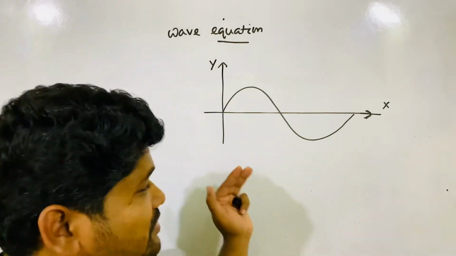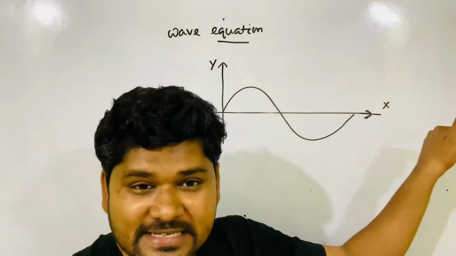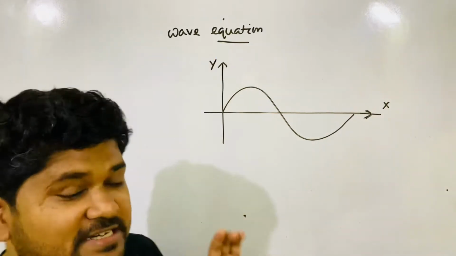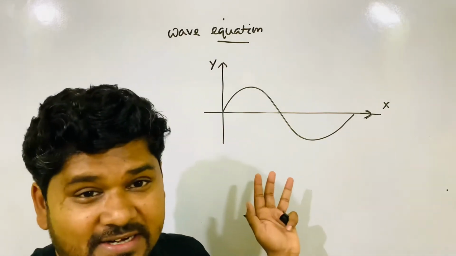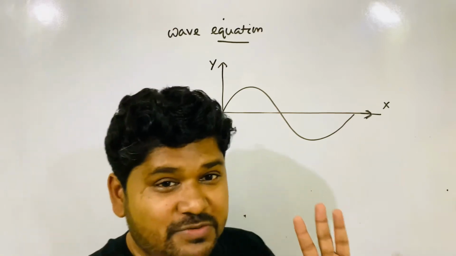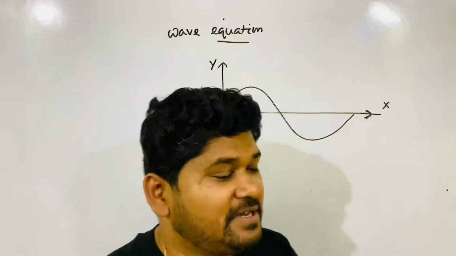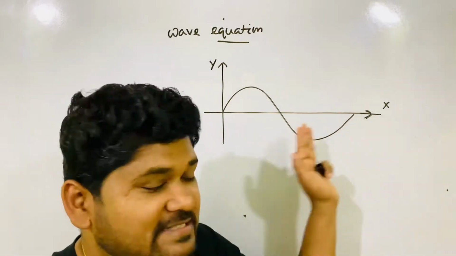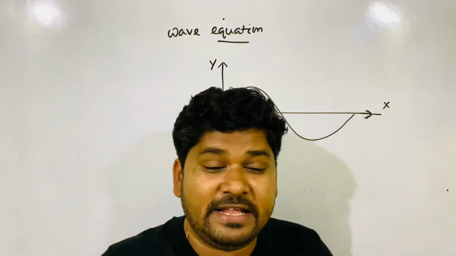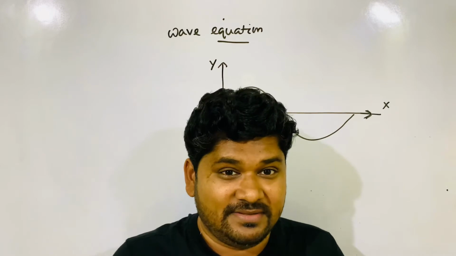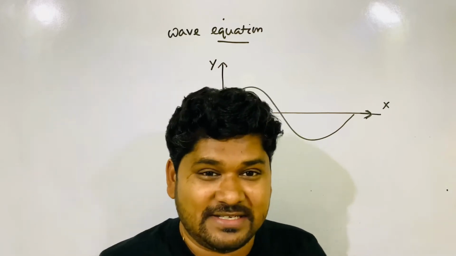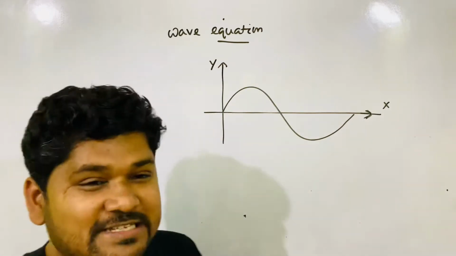The wave propagates along the x-axis and the particle oscillates along the y-axis. I am doing the transverse wave equation, it will be easy for you to derive. Everything changes with time. Time always changes, nobody can make it constant. So both change with time.